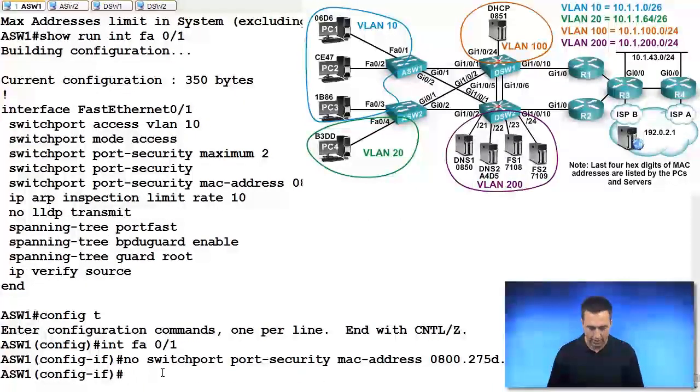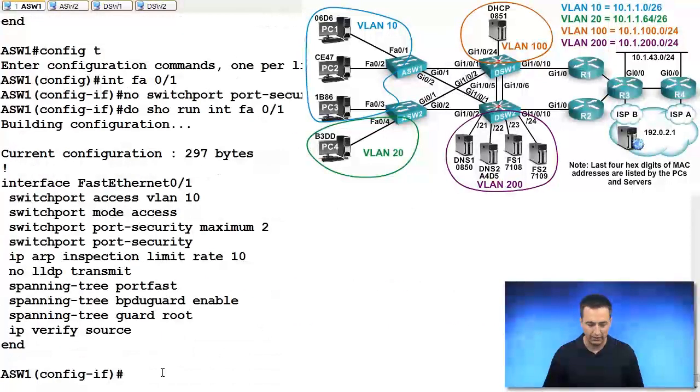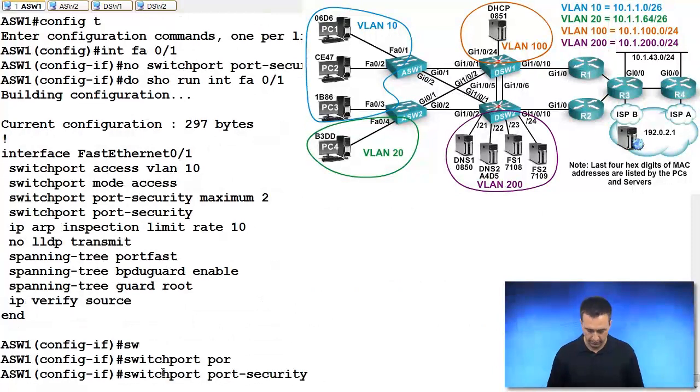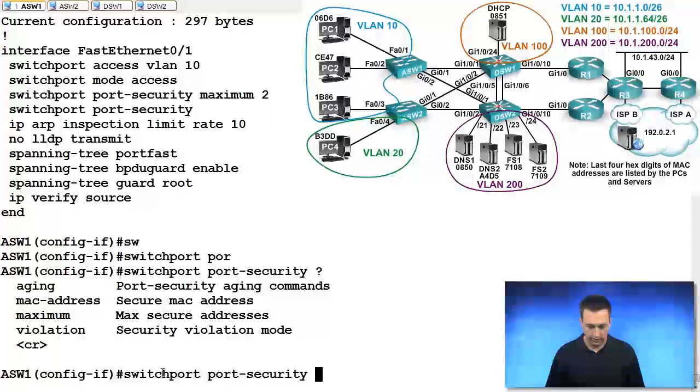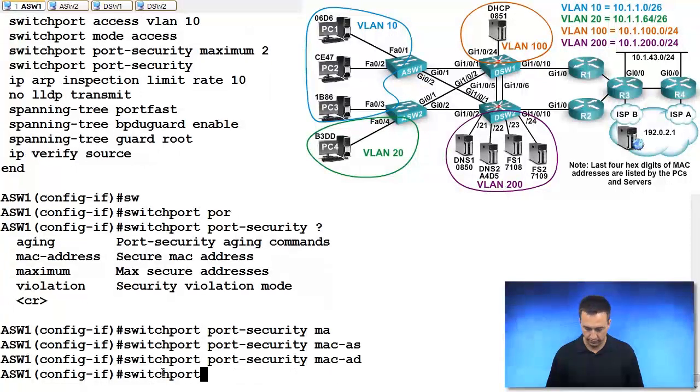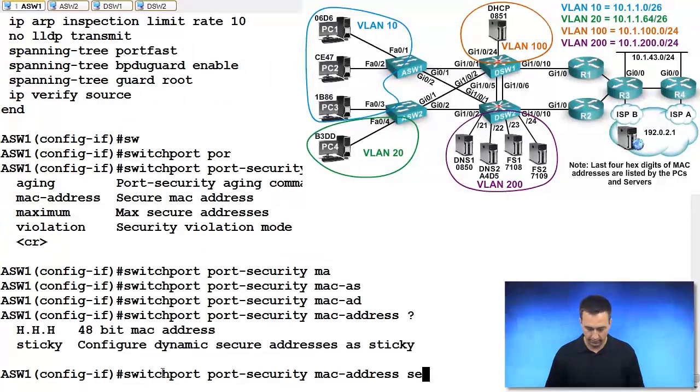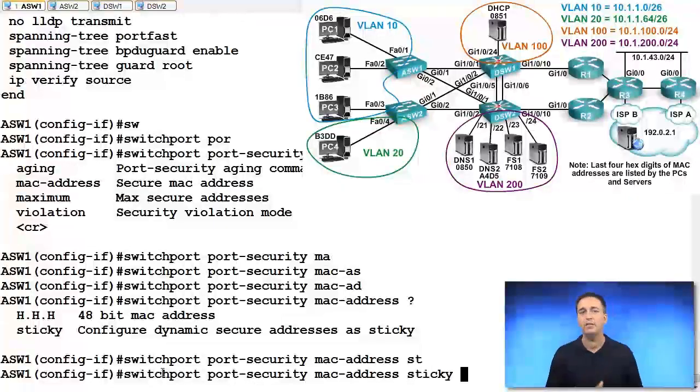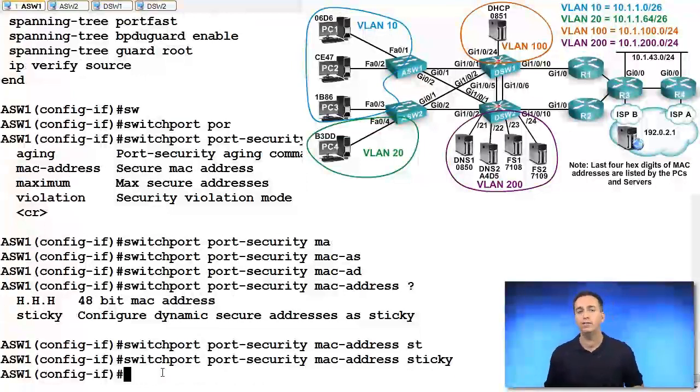And instead now, let's configure the sticky feature. So we'll type in switchport port-security mac-address sticky. Instead of statically defining the MAC address as we had done, we're now going to use the sticky feature instead.